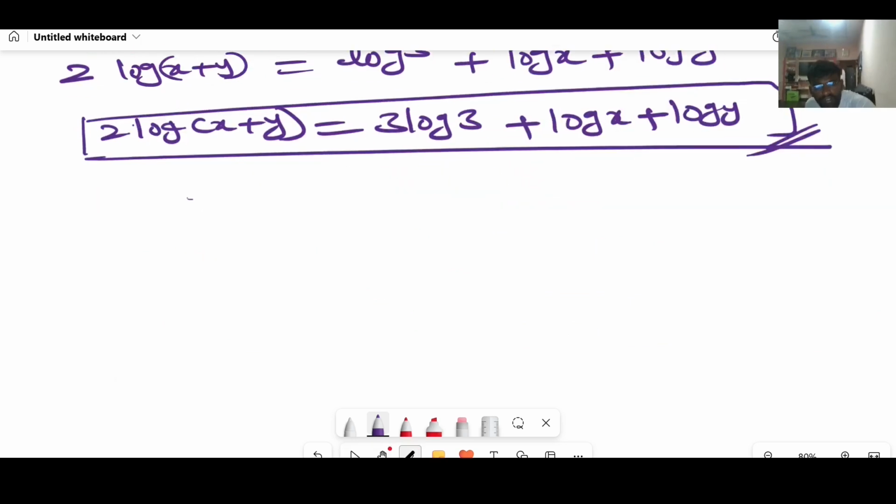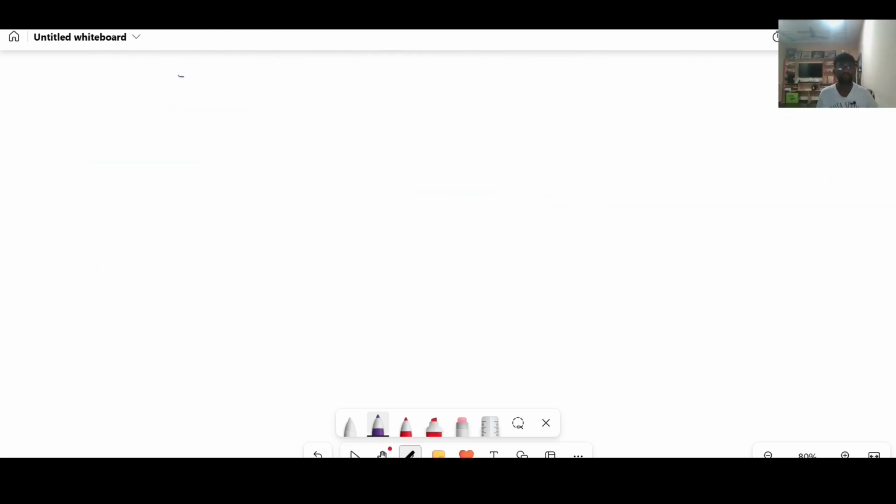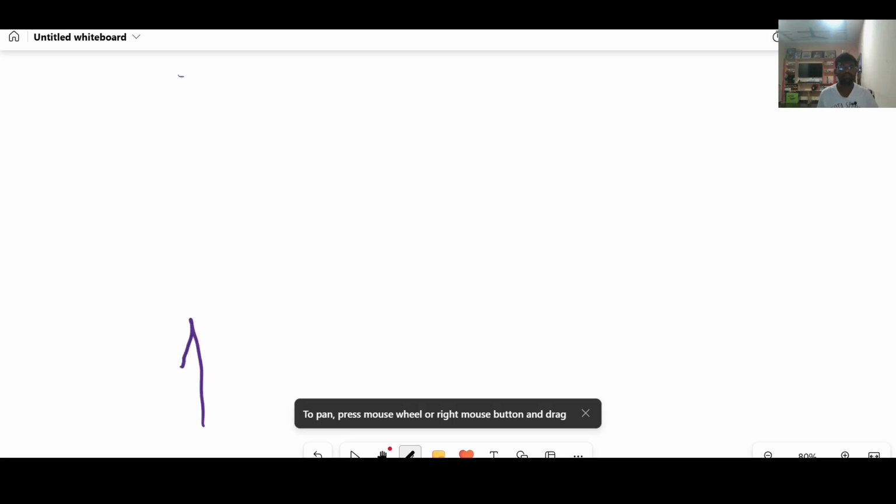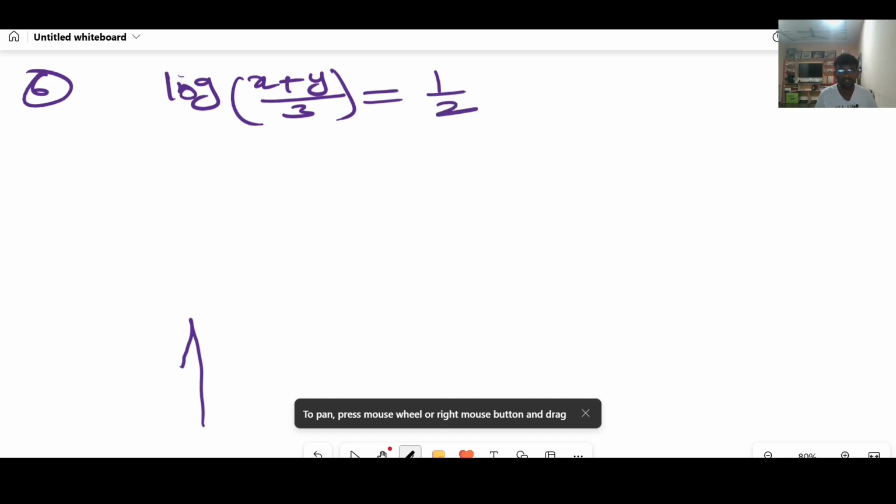It is not moving. Right now, what is the 6th question? Given that log (x plus y by 3) equal to 1 by 2 log, right?